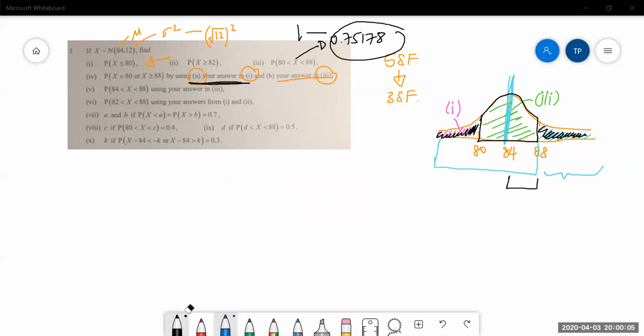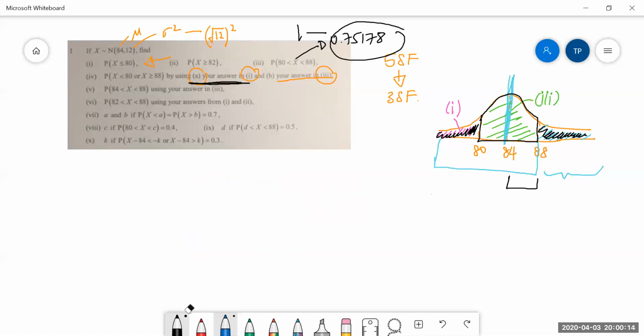Make sense? So this probability here is basically half of this probability. Okay, next. 82 to 88.